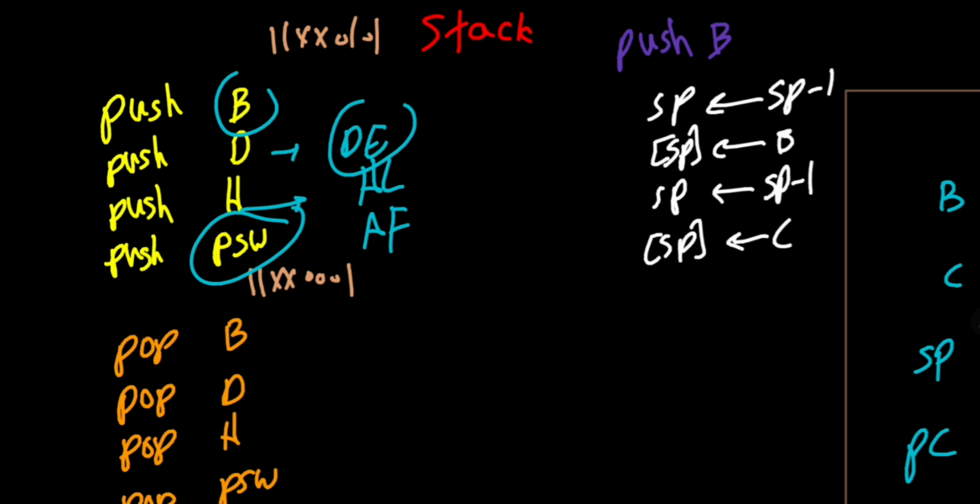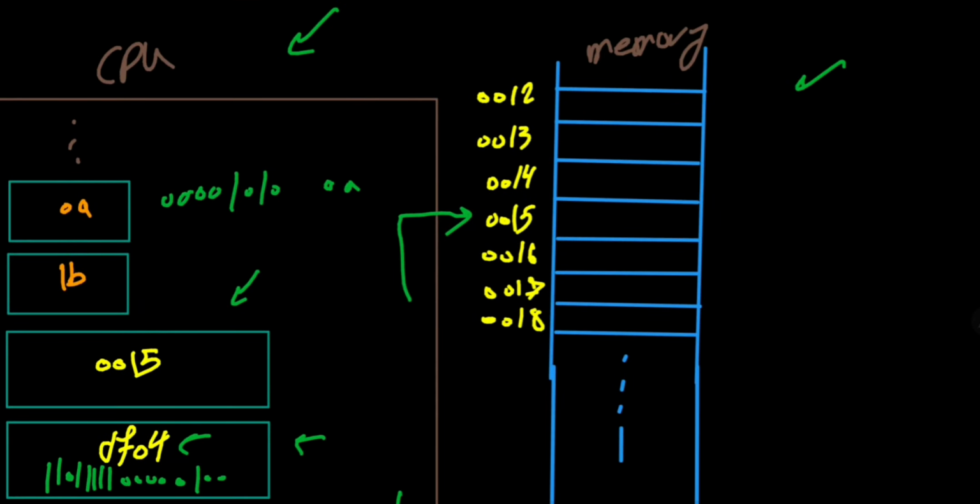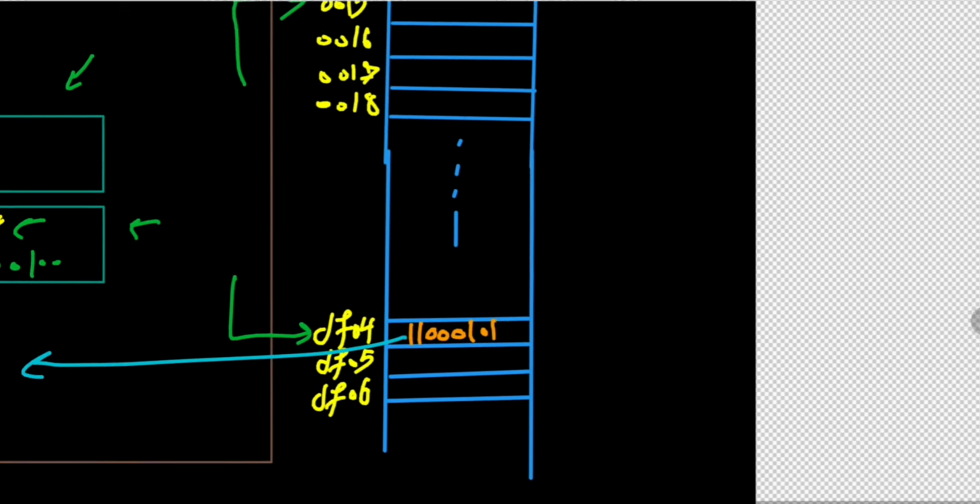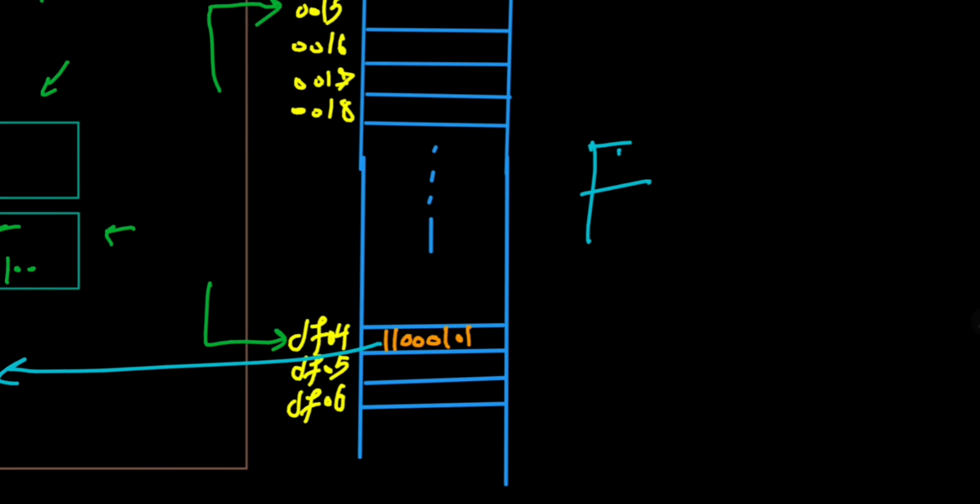Now let's also talk about the steps that we took in order for the push to get executed. The first thing was that the IR register was loaded with this value, which we call a fetch machine cycle. So the first step was fetch.